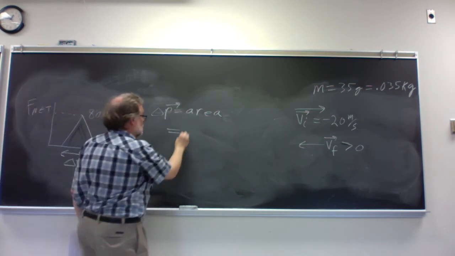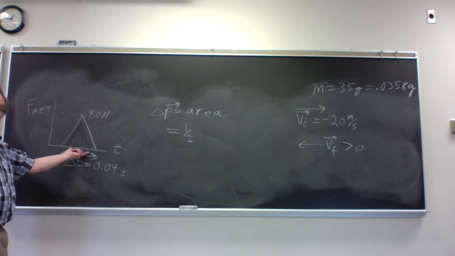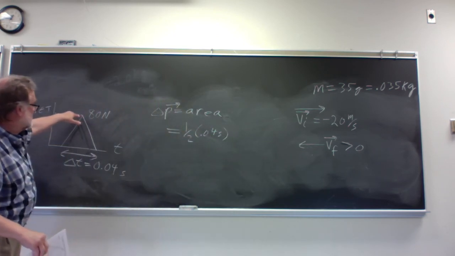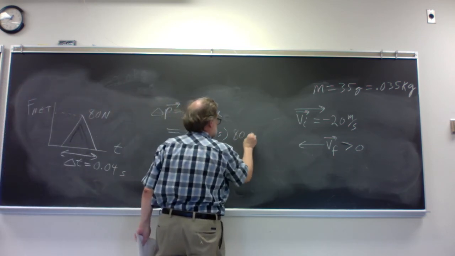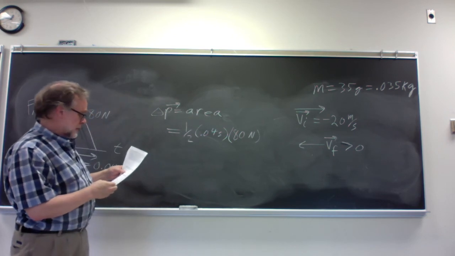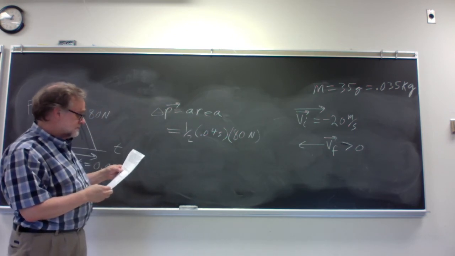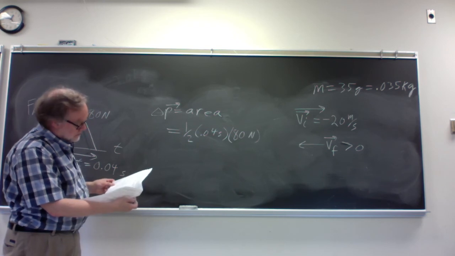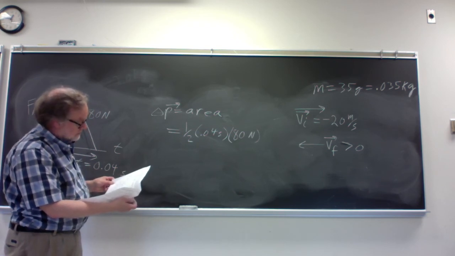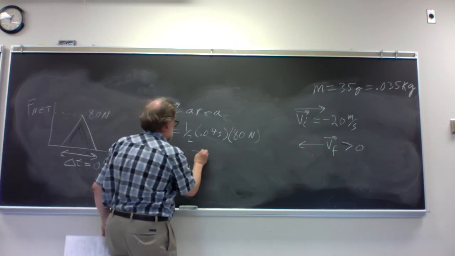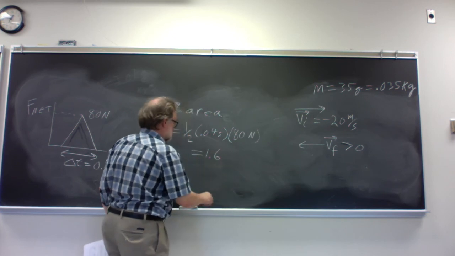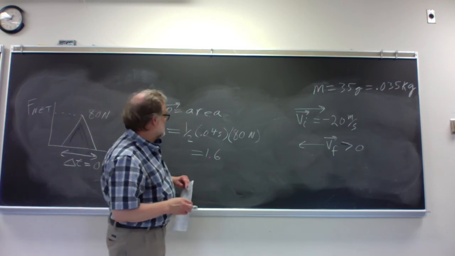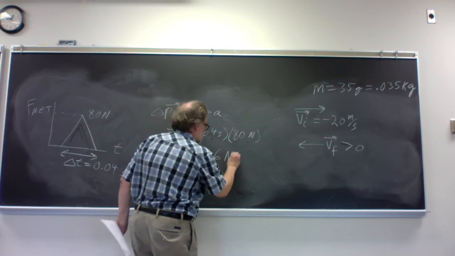The rule for area of a triangle is 1/2 base times height. So 1/2 a base of this size, 0.04 seconds, times a height this big of 80 newtons, and so in the end that comes out to 1.6 newton seconds.